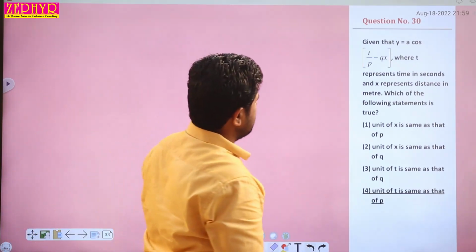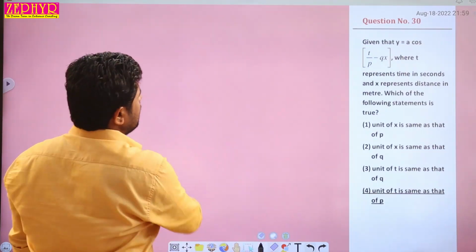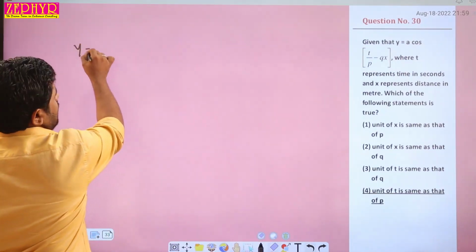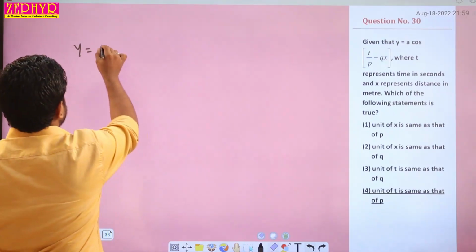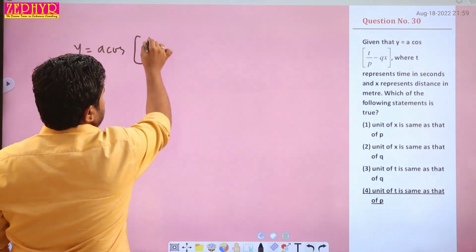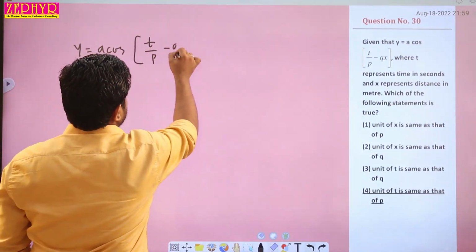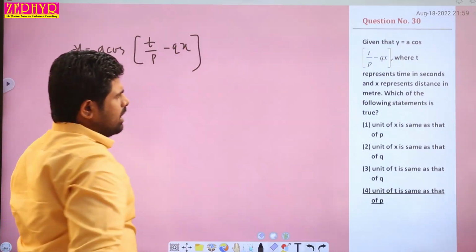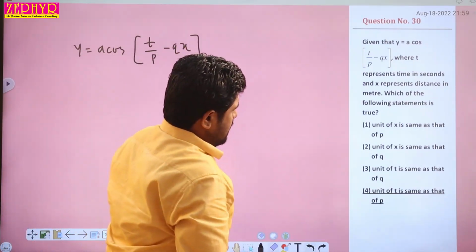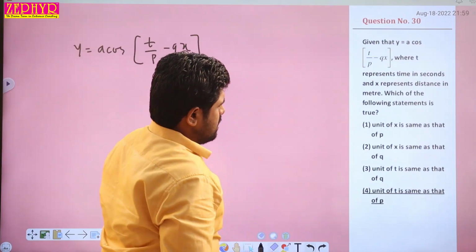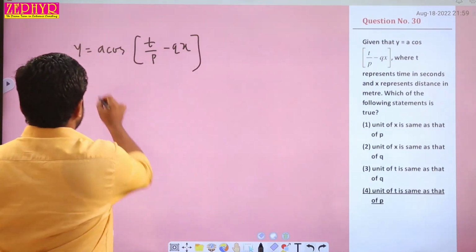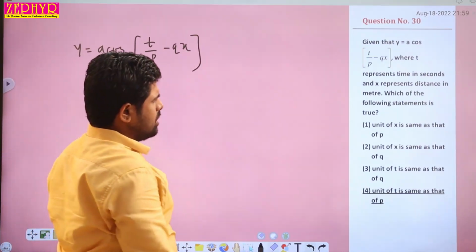So y is equal to a cos (t by p minus qx), where t represents the time in seconds and x represents the distance in meters. Now, which statement is true?